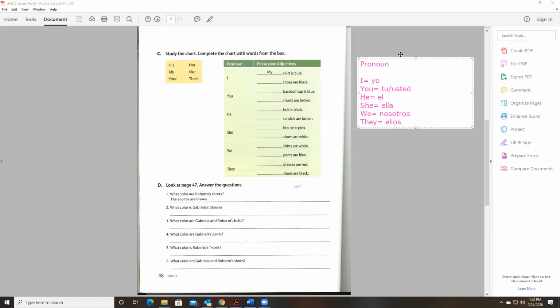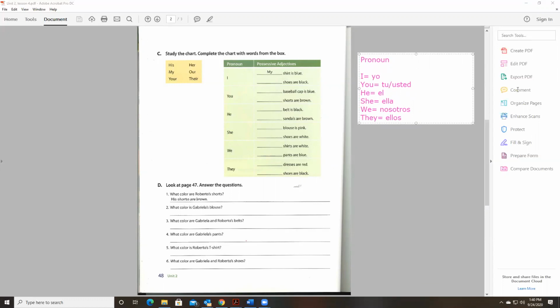Right? Okay. These are your pronouns, pronombres. Now, when you change it to possessive adjectives, your pronoun will change.